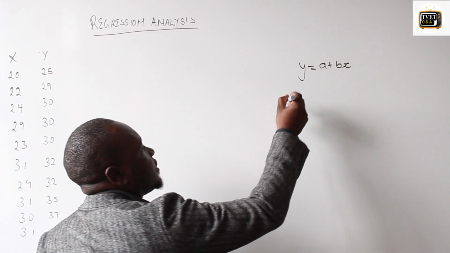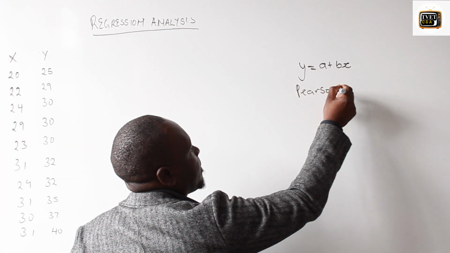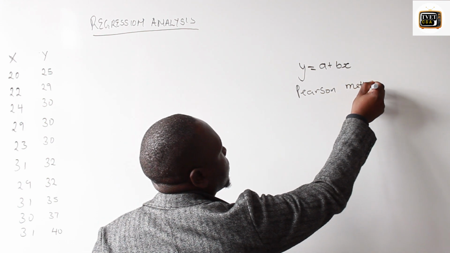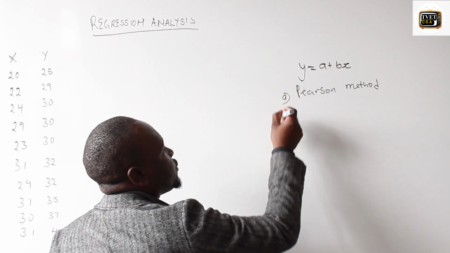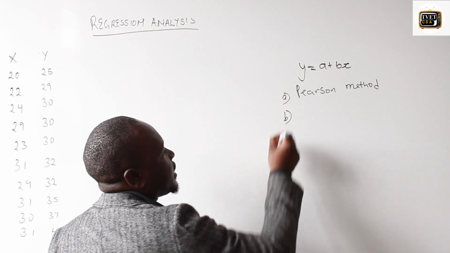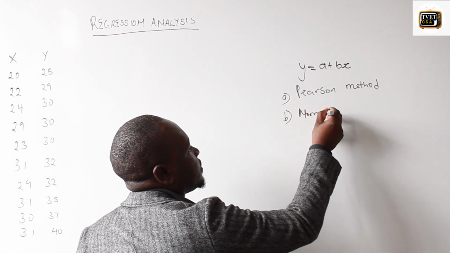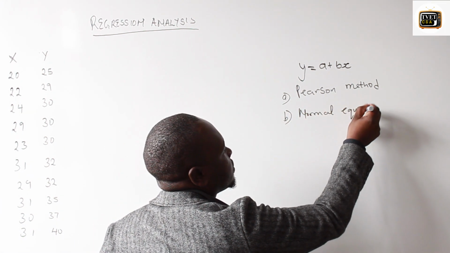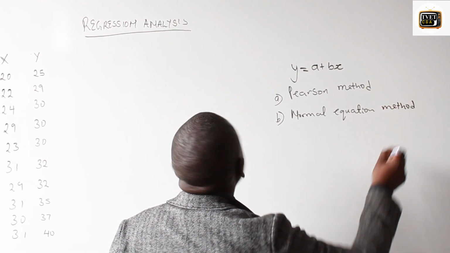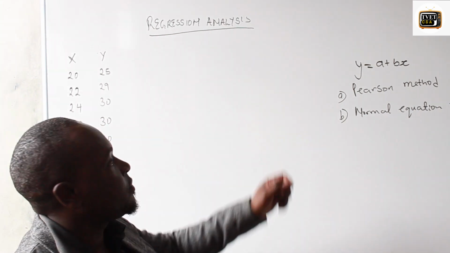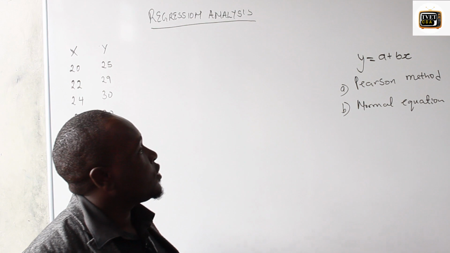A, the Pearson method. B, another method, the normal equation method. Today in our class, we'll focus on the Pearson method. Then in our next video, we'll do it using the normal equation.